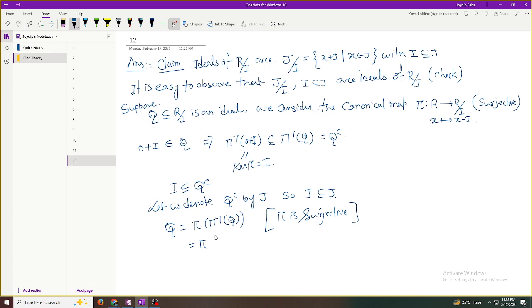That is Q contraction, that is J. So Q is pi of J, which is the set of x plus I such that x belongs to J. In my notation, this is J mod I. Therefore, our claim has been proved.